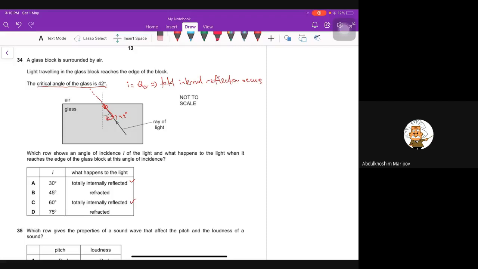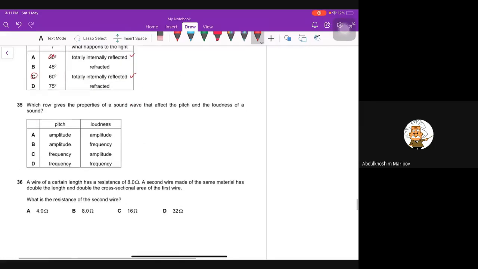If it's below 42, you will always have refraction. So 30 definitely doesn't work. If it's less than 42, you will have only refraction, but total internal reflection would be above it.